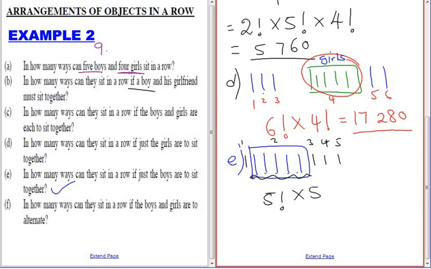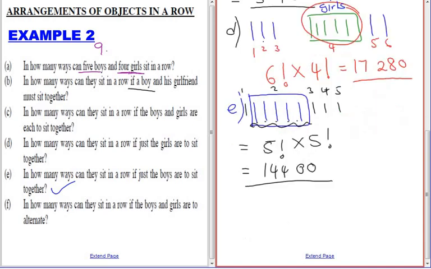So we have to multiply by 5 factorial as well. The number of ways in which those boys can arrange themselves while they are sitting next to each other. So that will be 5 factorial times 5 factorial. I am getting this big number here. Okay, 14,400. That will be the solution for that.